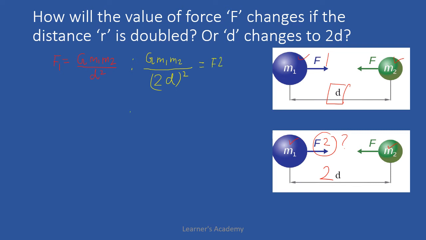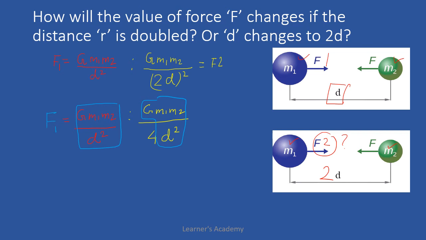Now what will happen if we solve this? G m1 m2, this becomes 4d square. And now you know that this was G m1 m2 divided by d square. This value and this value is the same, that is F1.